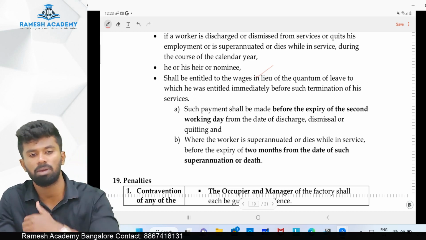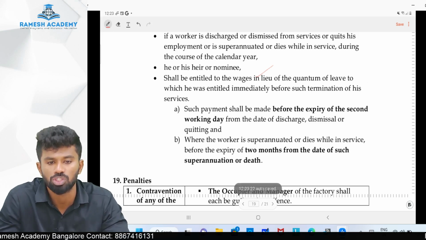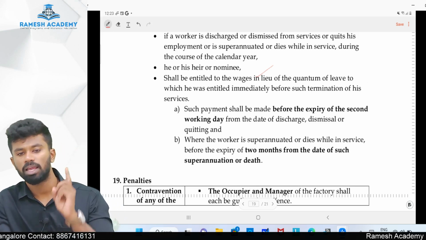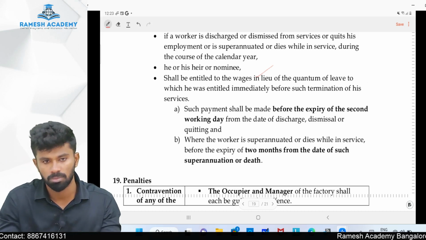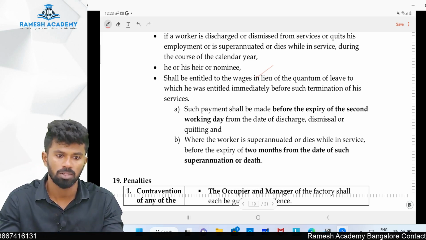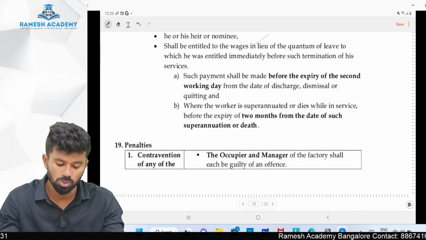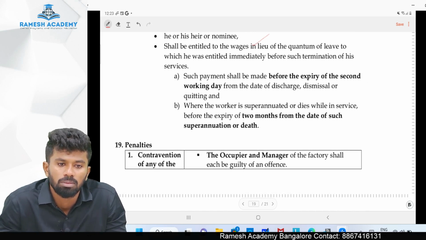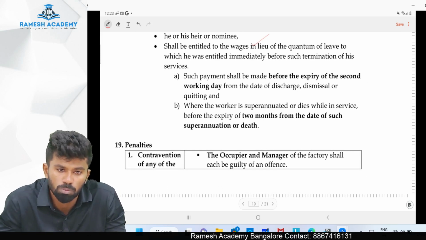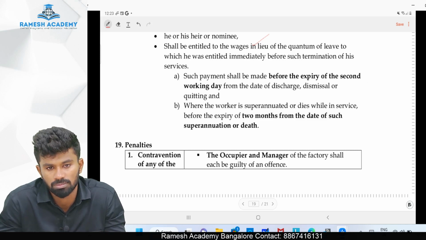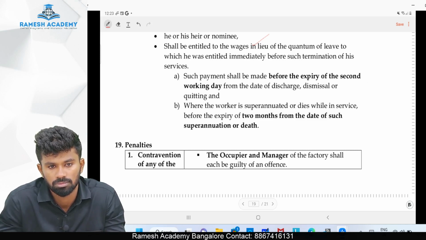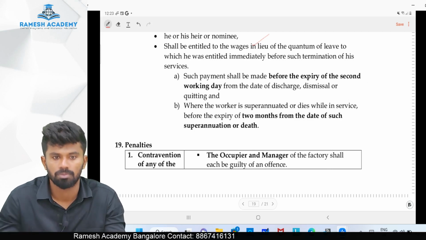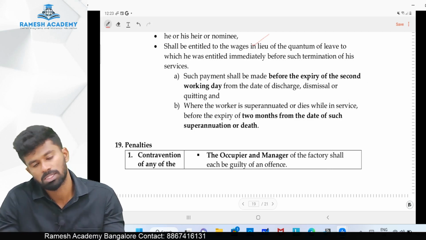Means he can get the payment for those leaves which he could not enjoy, and this payment shall be made before the expiry of the second working day from the date of discharge or dismissal or quitting, and where the worker is superannuated, means he achieved the age of retirement, then before the expiry of 2 months from the date of such superannuation or death. So if it is dismissal, within 2 days, if it is superannuated, within 2 months.